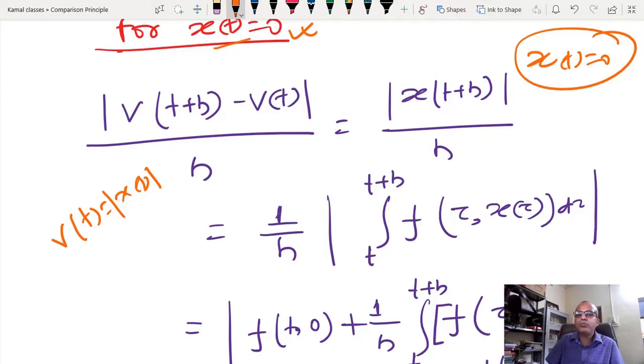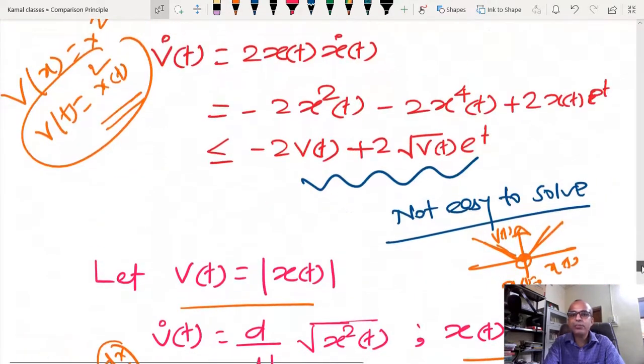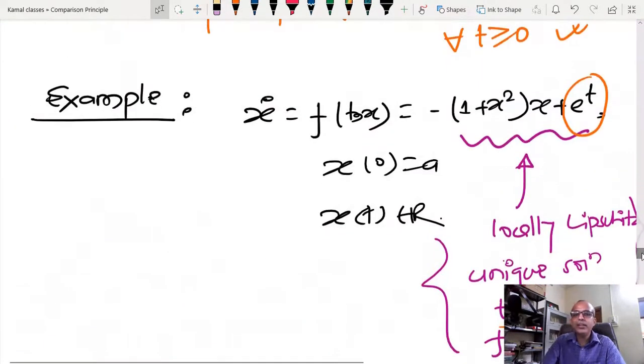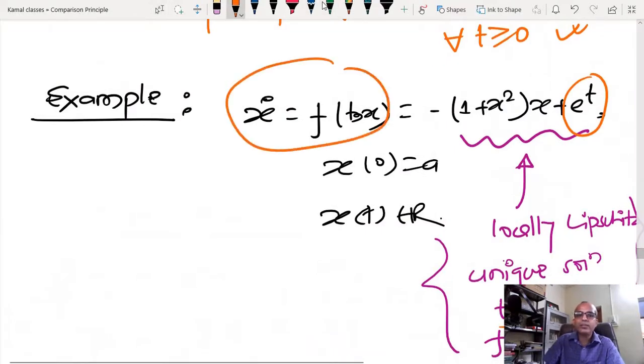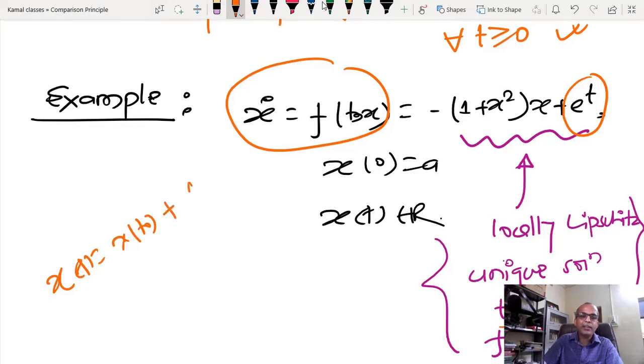So I have this kind of expression, and now you can see that x(t plus h) is nothing but the solution. I have this kind of equation, and I know the solution of this equation is x(t0), and after that the integral from t0 to t of f(tau) x(tau) d tau.